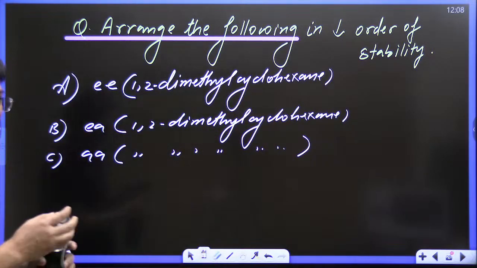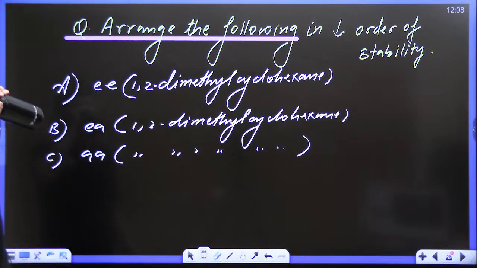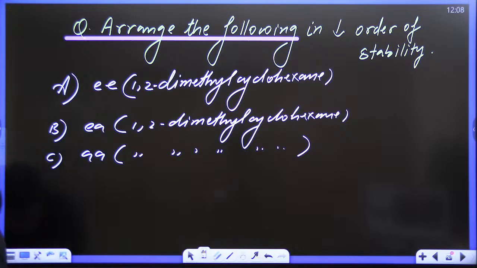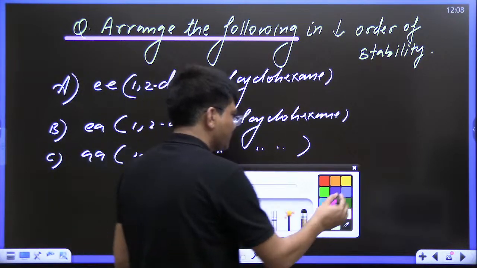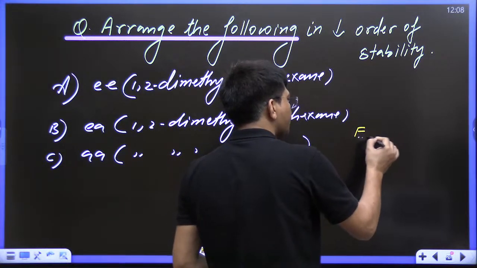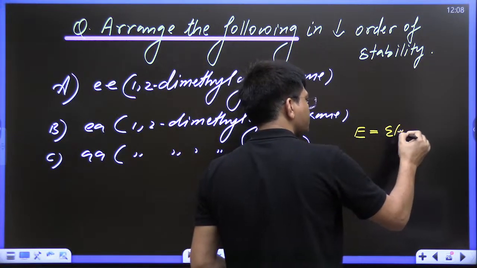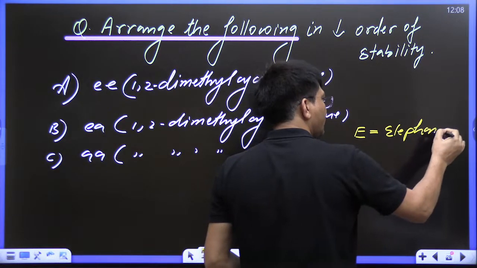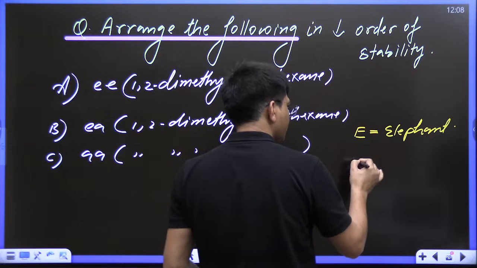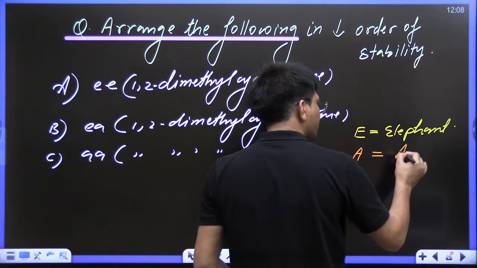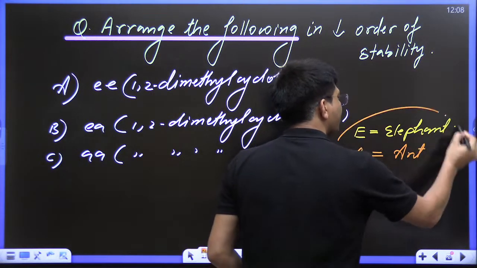Kids, in my mind there is one trick. See, E stands for elephant and A stands for ant. Which is more stable, elephant or ant?